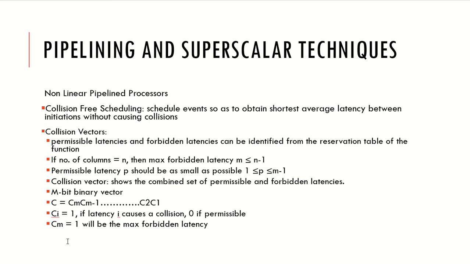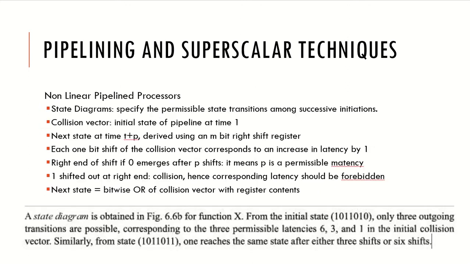If you find a 1, then that corresponds to a collision, and if it is 0, then it is permissible. That is how you write the collision vector. Wherever you have a forbidden latency, you represent it with a 1, and all the permissible latencies are represented using 0. So if Cm is equal to 1, then that is the maximum forbidden latency.